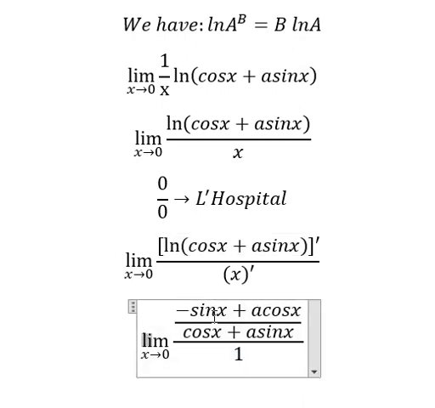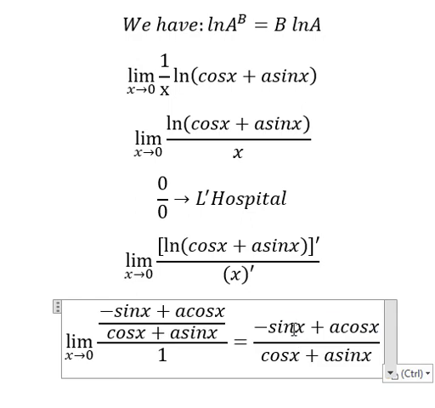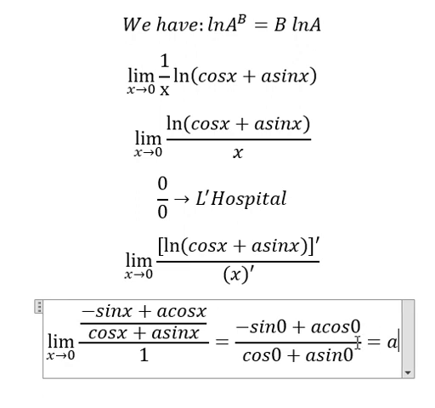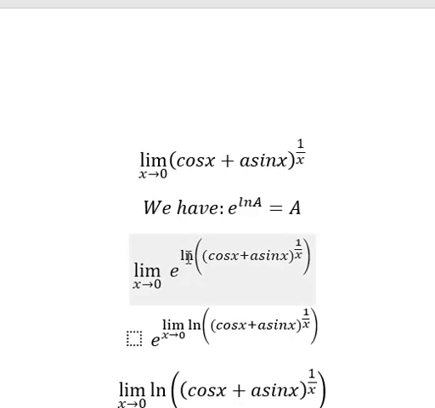And now we can put number 0 go here, here, here, and here. So we have the final answer. And that is about a. So that means this one equals a.